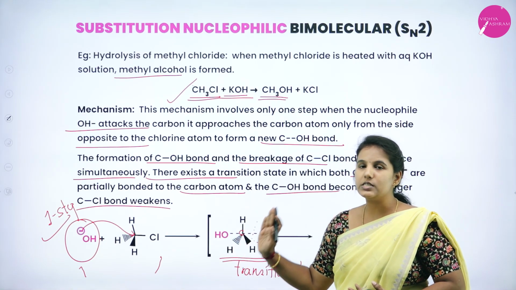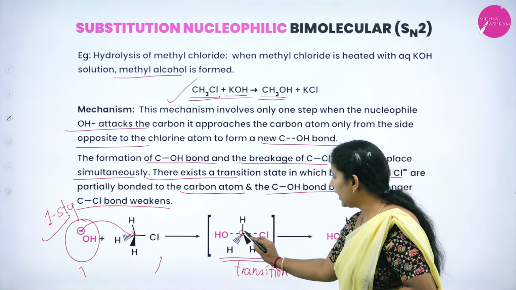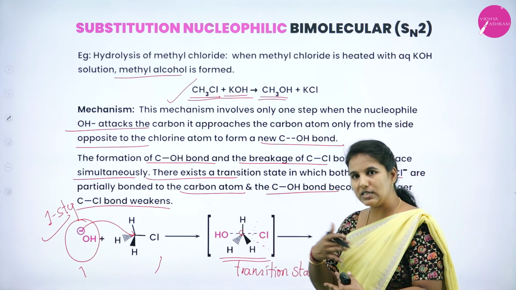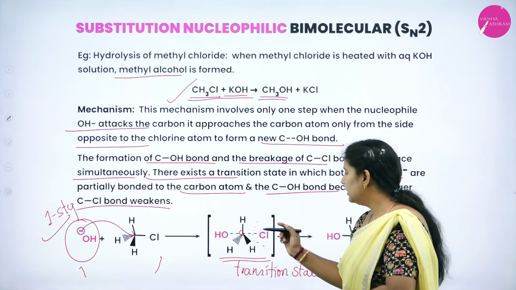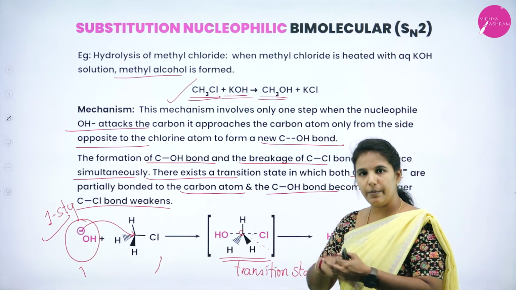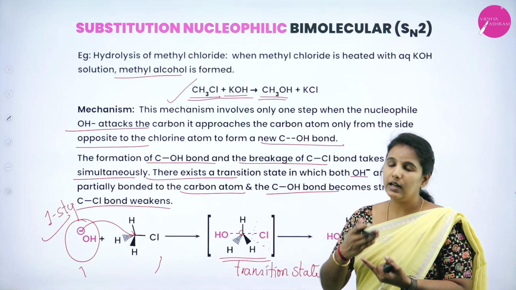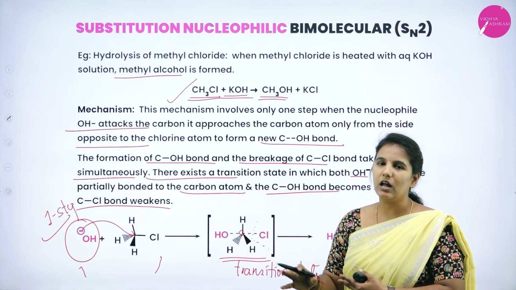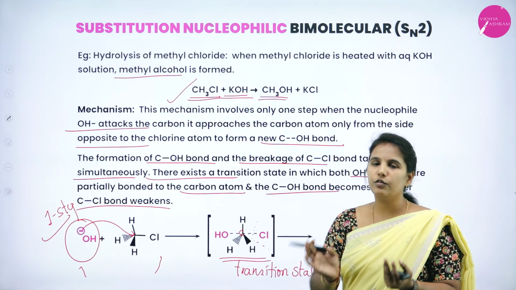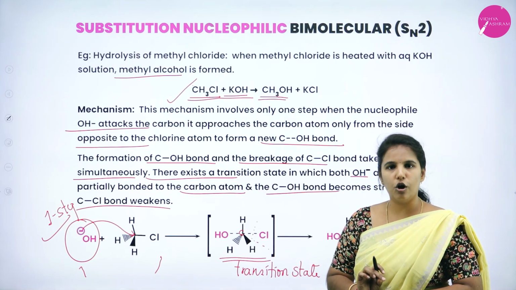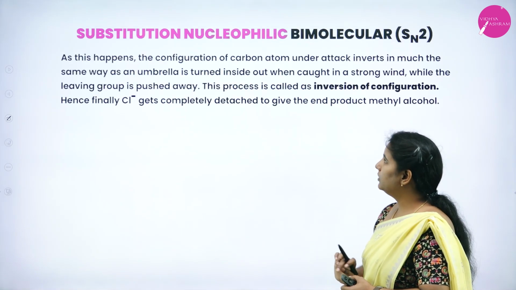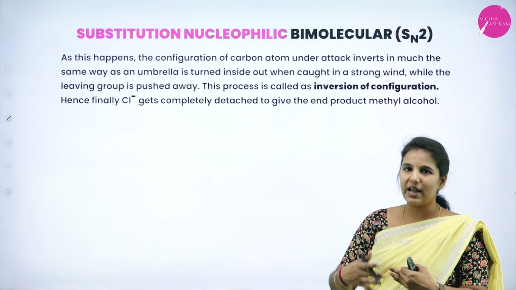In the transition state, the bond between the carbon and OH becomes stronger and stronger. At the same time, the bond between the carbon and Cl becomes weaker, so that the chloride ion gets separated out in the form of a halide ion and forms methyl alcohol.